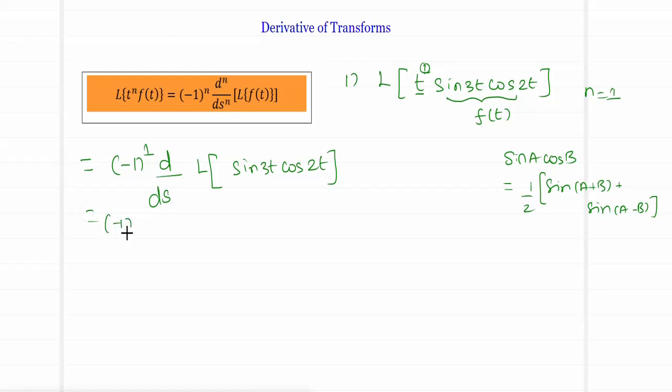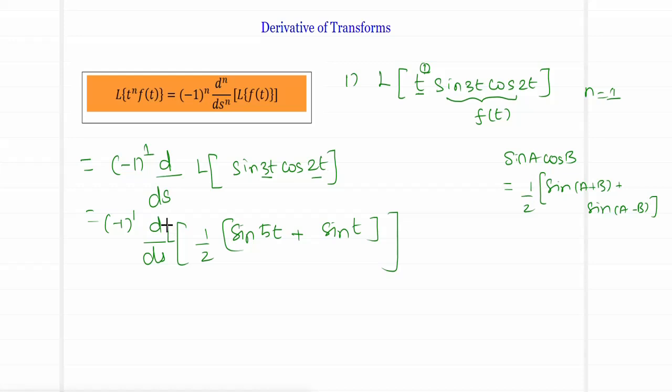So it is (−1)^1 d/ds of, now this I am converting, Laplace of half times sin(A+B), 3t plus 2t makes it 5t, plus sin(A−B), 3t minus 2t makes it t. So now for this I need to find the Laplace and then take the derivative of it.